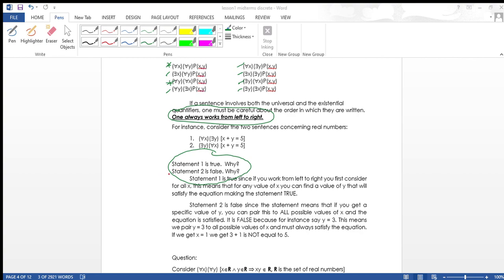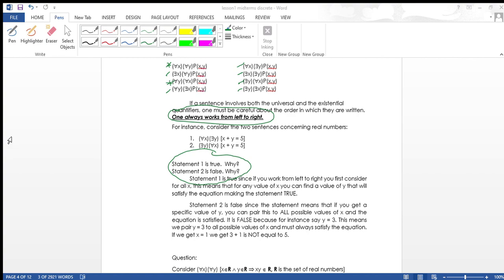Remember, our values of x and y are coming from the set of real numbers. So what we are now saying here is there is a value for y that can be paired for all x such that those chosen values should satisfy this equation.